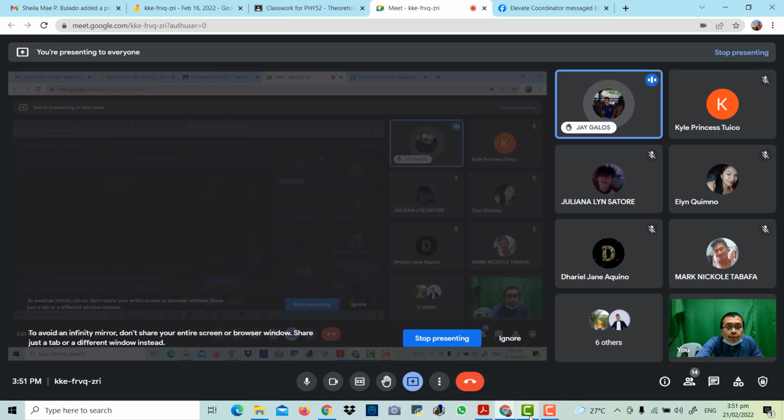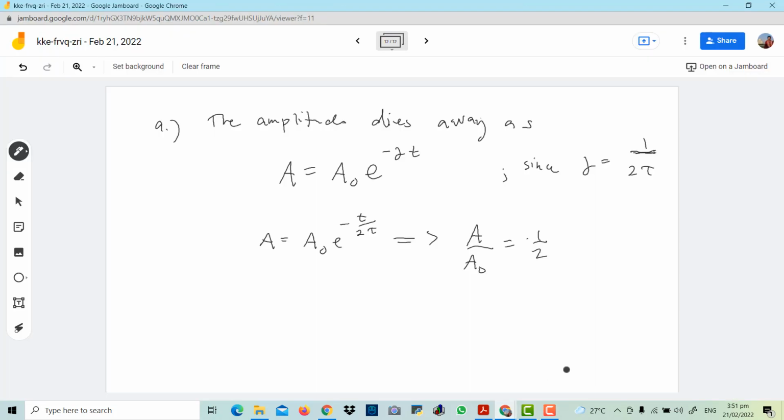Sir, where does the 1 over 2 tau for gamma come from? That was used last time when we solved this on quality factor. In deriving the quality factor, we let gamma there be 1 over 2 tau, where tau is what we call the time constant.